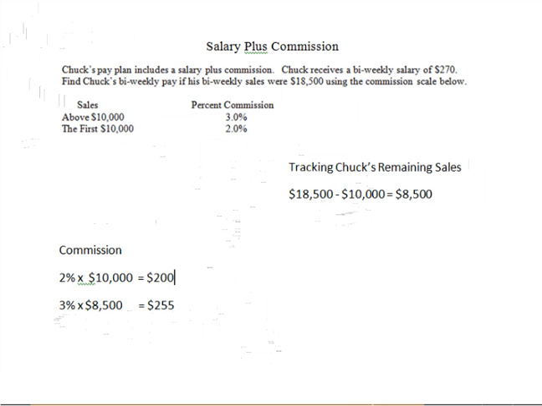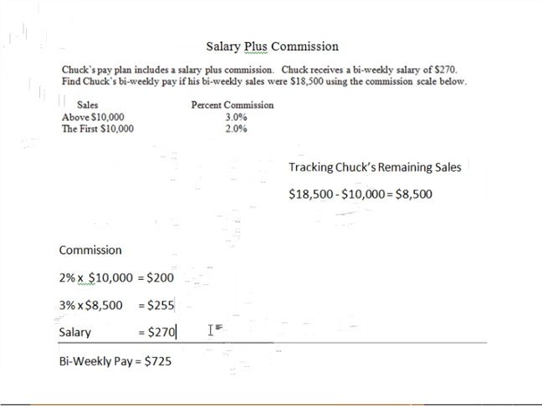So we would just add that on or tack it on to the earnings that Chuck has made via commission. And so now we may find Chuck's gross earnings by merely adding up the $200 plus $255 plus $270. And when we do that, we see that Chuck's biweekly pay is $725.